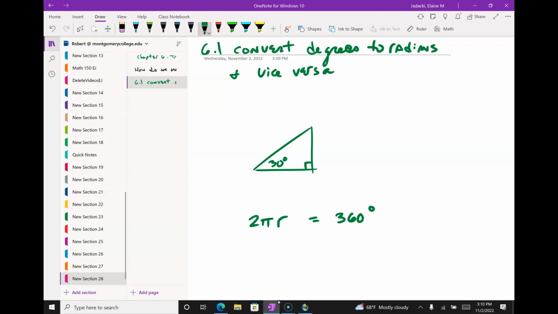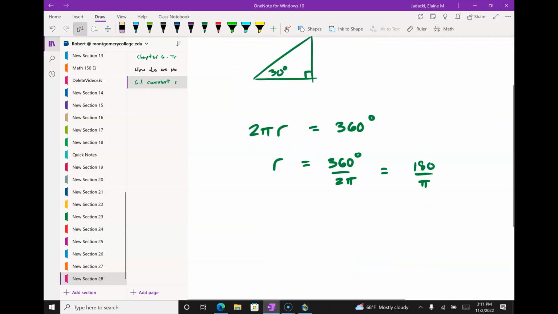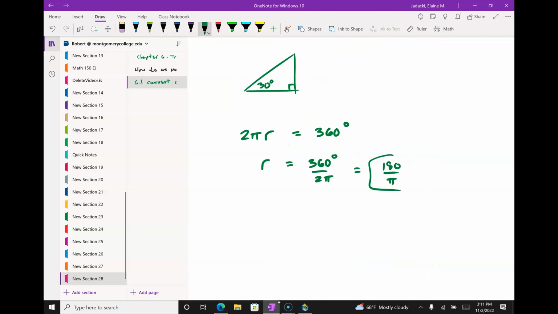Yes, you with me? Then I know my radian is the same as 360 degrees over 2 pi. So what is that? 180 over pi, right? So 180 over pi is my conversion factor. So 180 over pi, or pi over 180, is the converter.